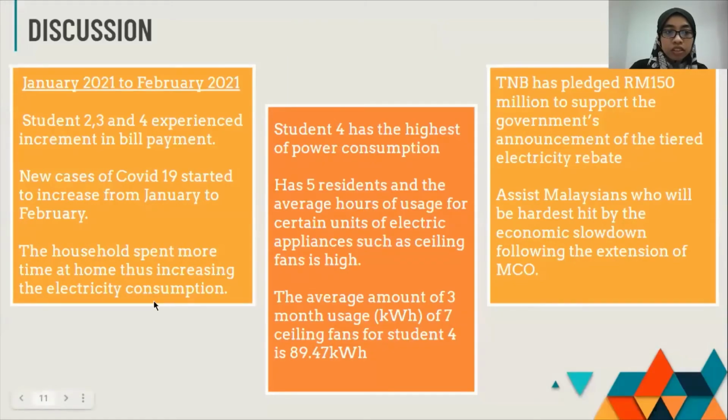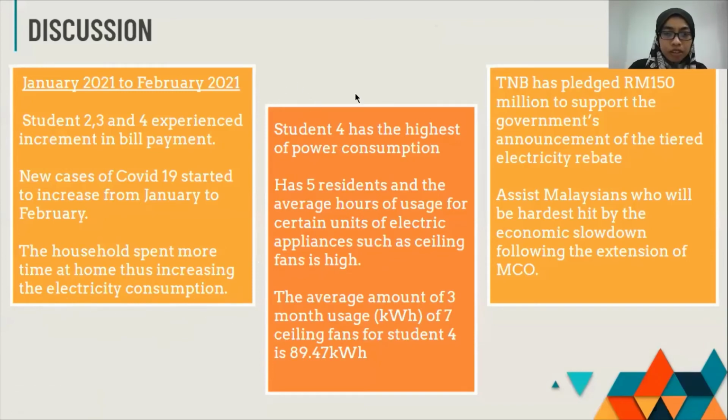So the households spent more time at home to avoid the risk of getting COVID-19, thus increasing the electricity consumption, which means the average hours of use for all electric appliances increased.